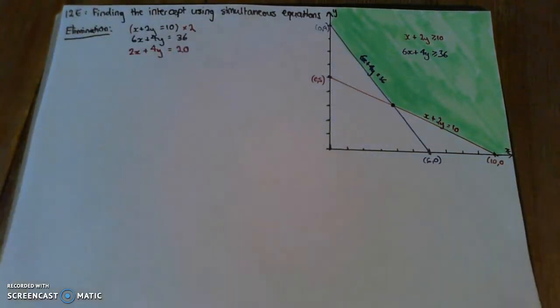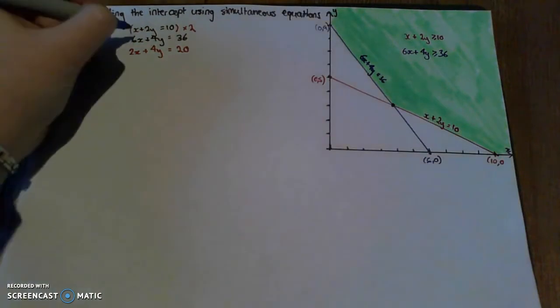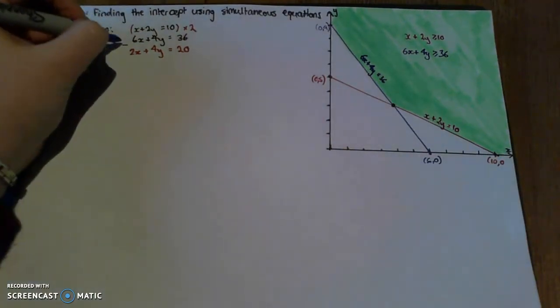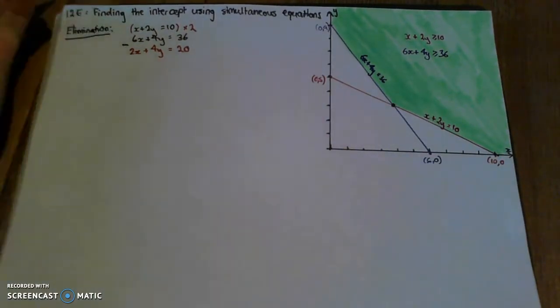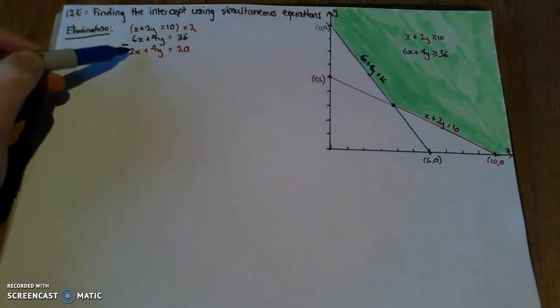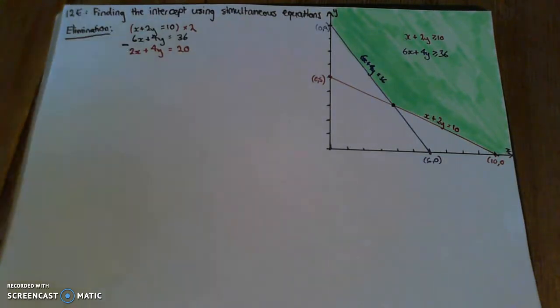Now what we are going to do is eliminate it from the second equation. So we're actually going to minus away this equation from this one. So all we need to do is actually combine the two equations.